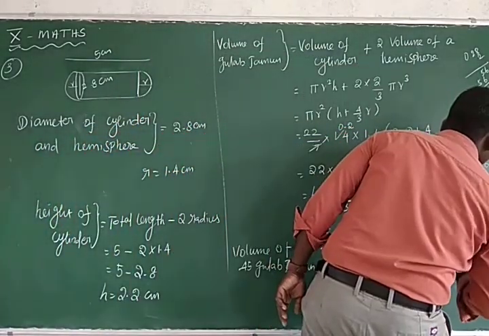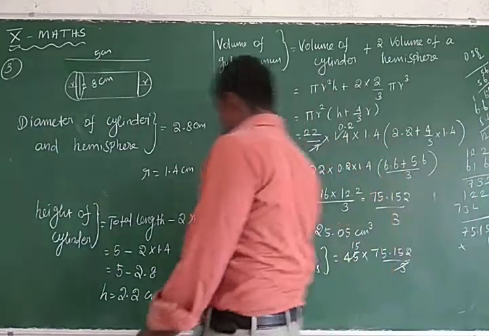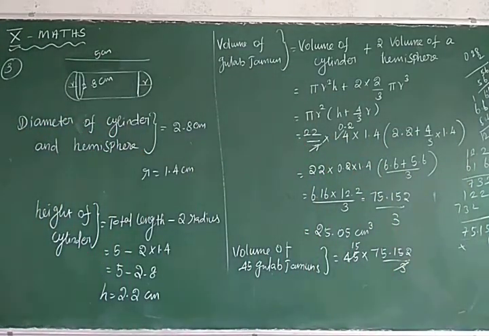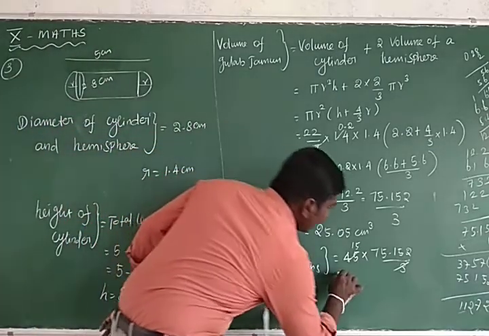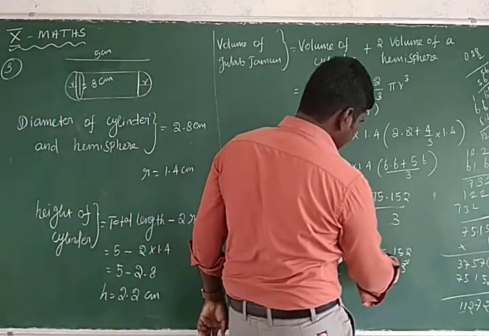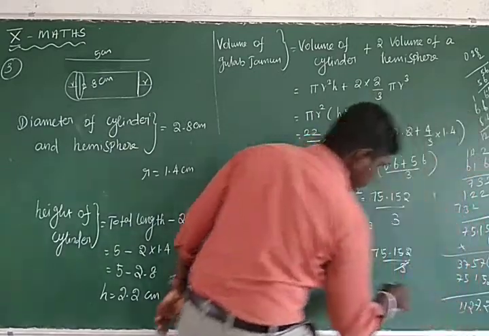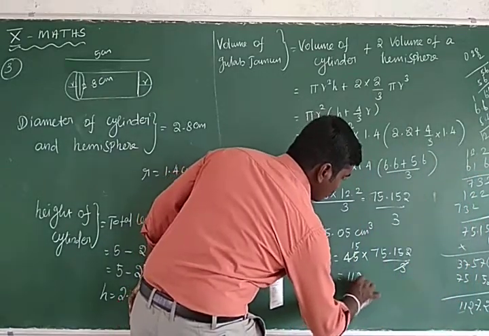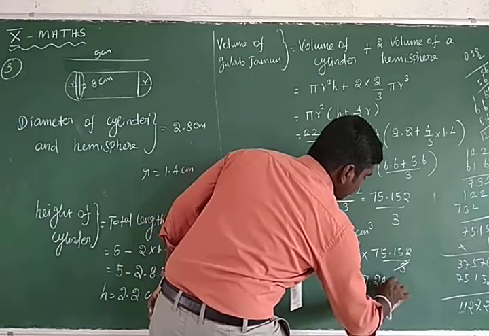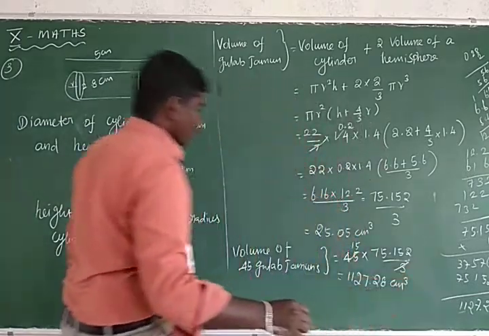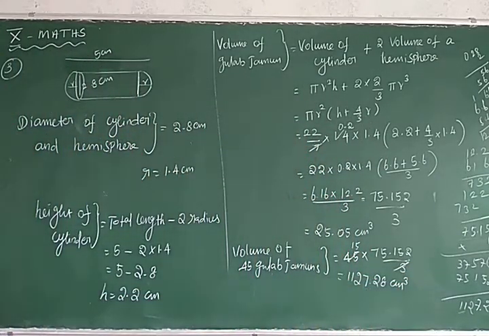Then multiply by 15. Here 3 digits are there, so you keep the decimal point after 3 digits. So 1127.28 centimeter cube. So the total volume of 45 jars is 1127.28 centimeter cube.